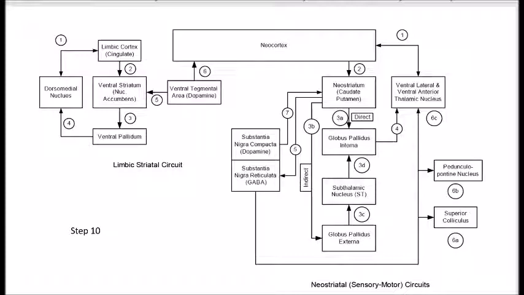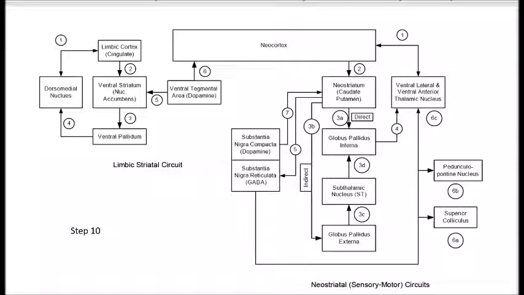When we initiate a new movement, and that's indicated with 2, there are glutamate neurons in the cortex that project to the neostriatum, and then there are various outputs from the neostriatum. We won't get into the details right now. That will come in a subsequent lecture. But one is a direct output to the globus pallidus interna, and then back again via 4 to the ventral lateral and ventral anterior thalamic nucleus.